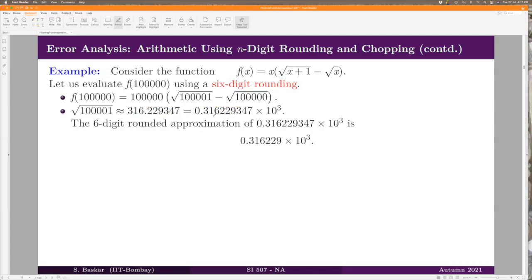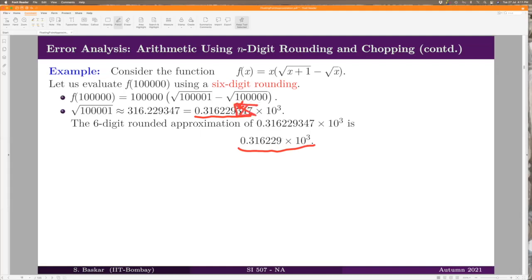Okay, so once you write this, it's very clear how to get the 6-digit rounding approximation of this number, and that is given by this value. Since the 7th digit is less than 5, we just chop the rest of the digits starting from the 7th digit onwards.